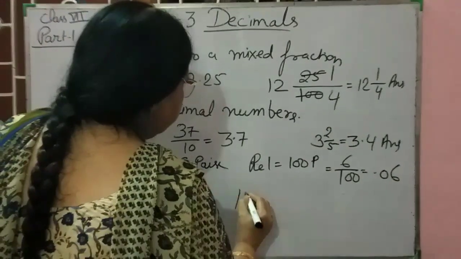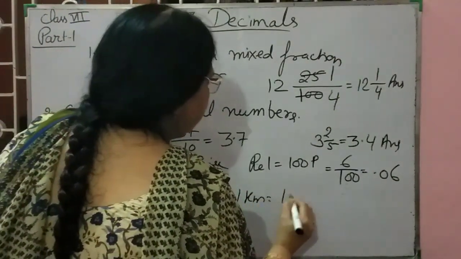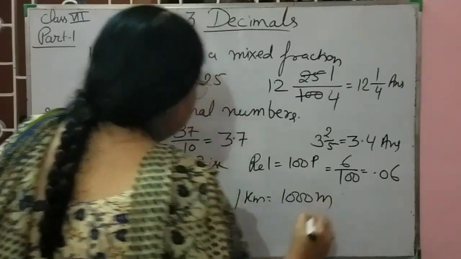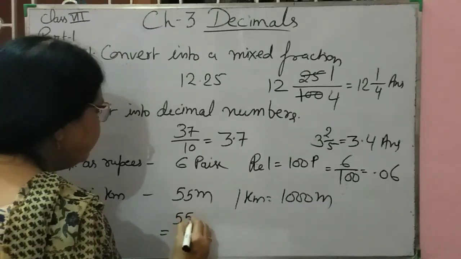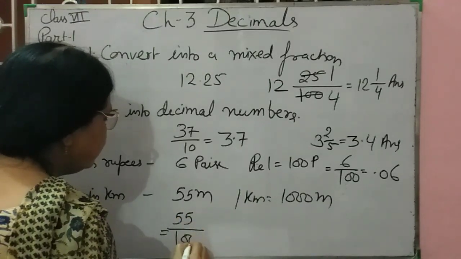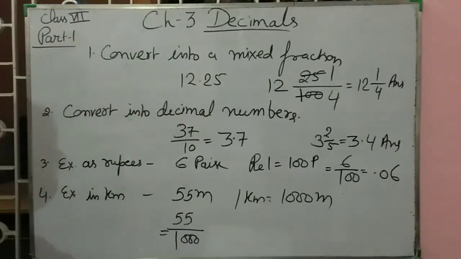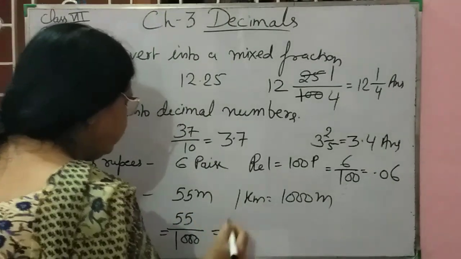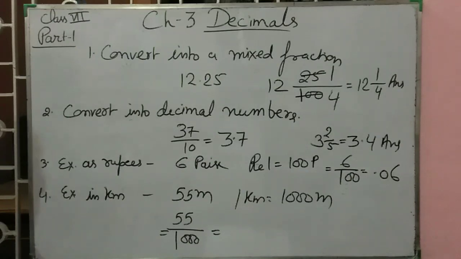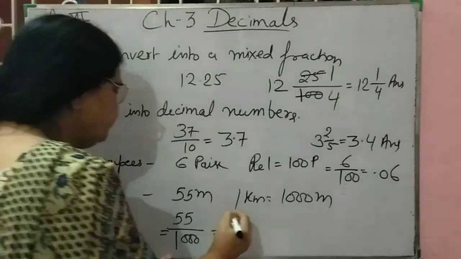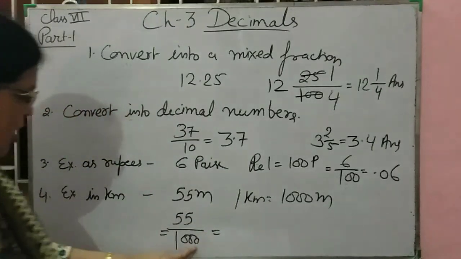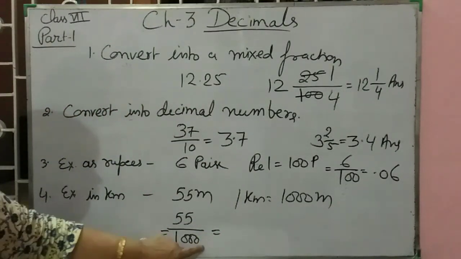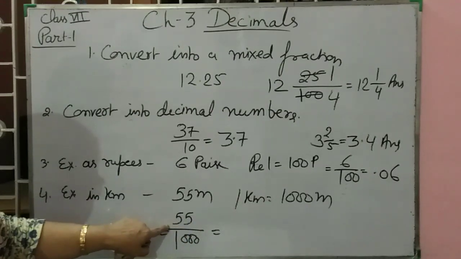Next one, express in kilometer. 1 kilometer equal to 1000 meter. 55 divided by 1000. Again आपको डेसिमल 1 की जगह डेसिमल रखना है. Start from here. How many digits are here? 3 zeros are here and you have only 2 digits. 55.